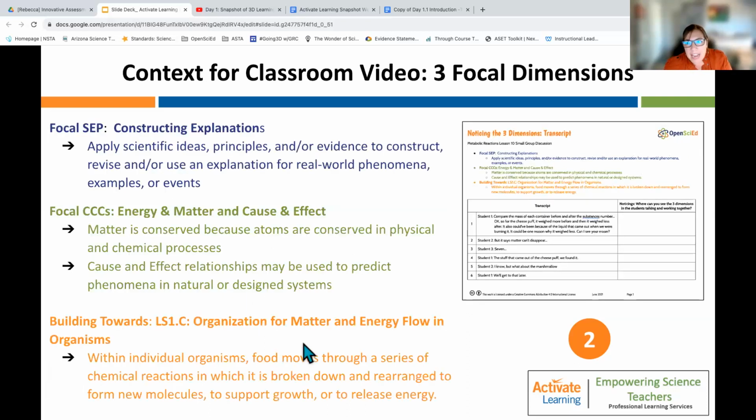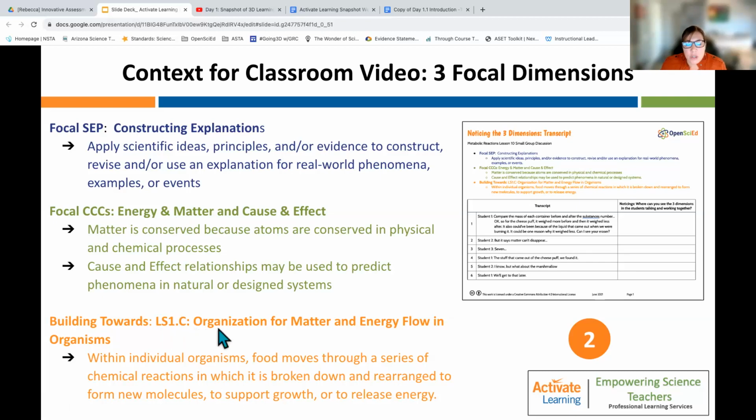To help guide your brain even a little bit more to extract the evidence I'm looking for, there are some targeted focal SEPs, CCCs, and DCIs. The focal science and engineering practice you're going to see is constructing explanations. The focal cross-cutting concepts, there are 2 of them: they're going to be discussing energy and matter, and cause and effect.